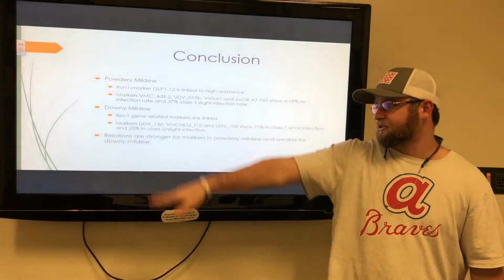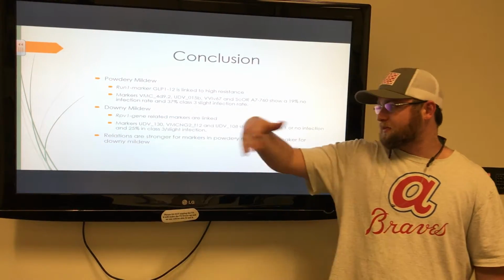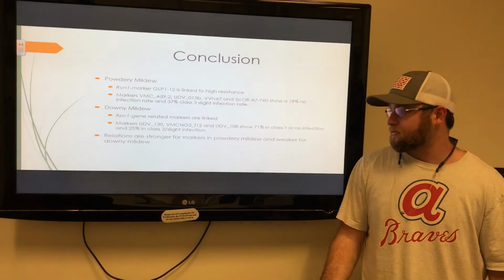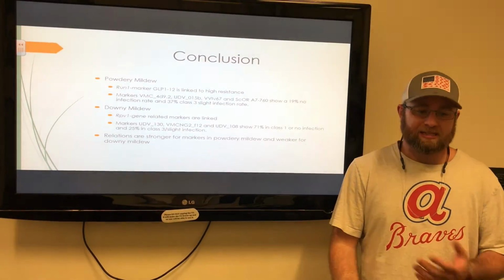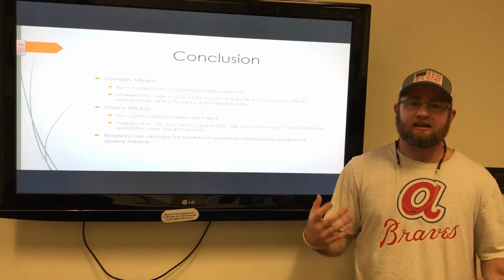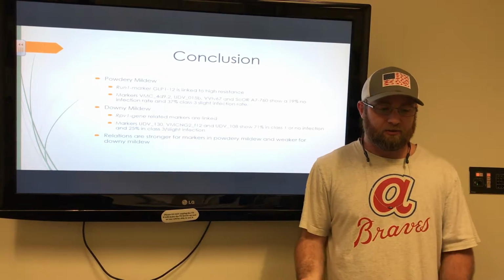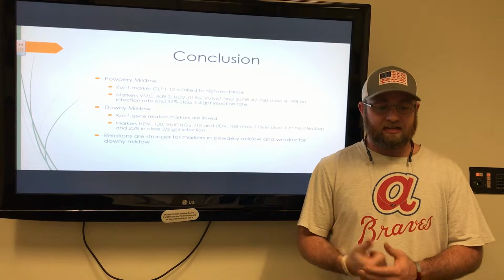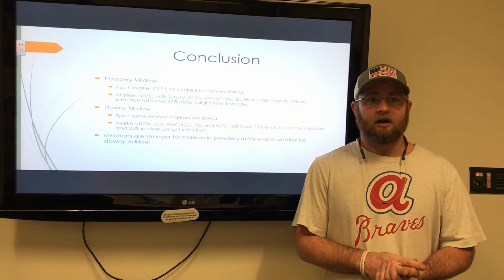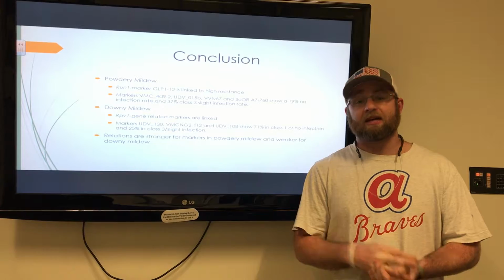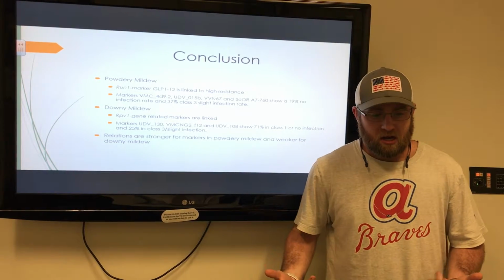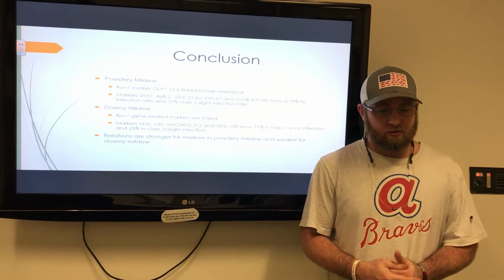On to downy mildew, the RPV1 gene, which is in the mother varietal, is linked to downy mildew resistance, but it is not nearly as strong as the resistance coming from the father varietal for downy mildew. Regent definitely has higher resistance-related alleles to downy mildew.